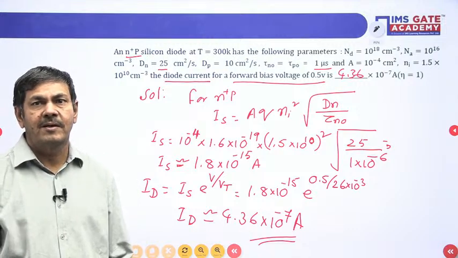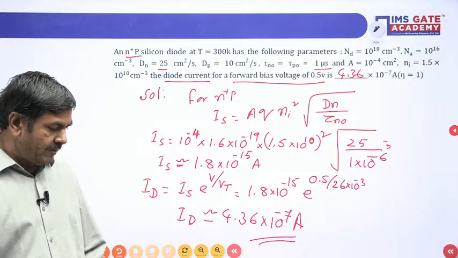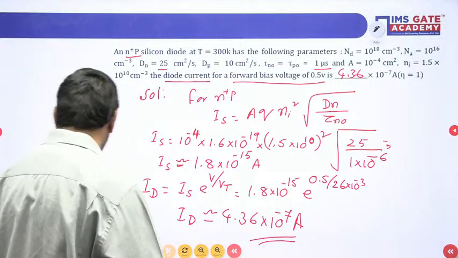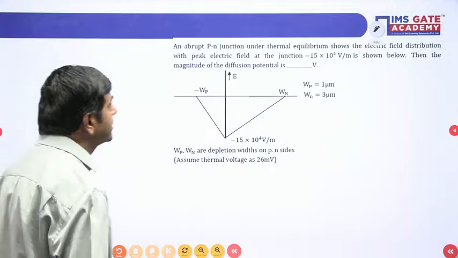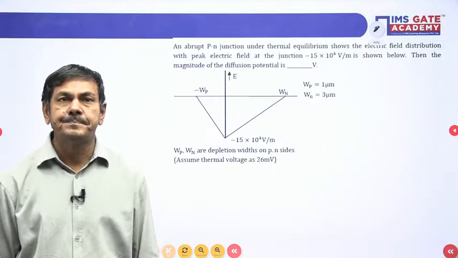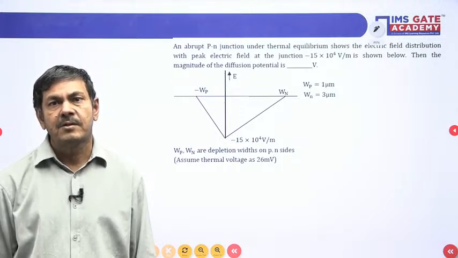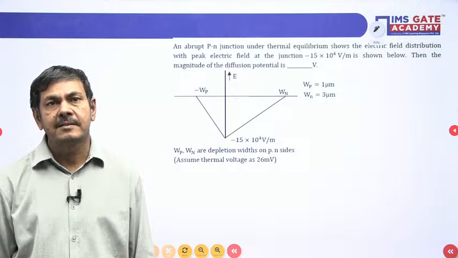I hope you followed. And I wish to give one more good problem in your hands. Please try to tackle this question. Can you tackle this question without my help? Is it possible to give the answer? You start doing this question and give the answer.